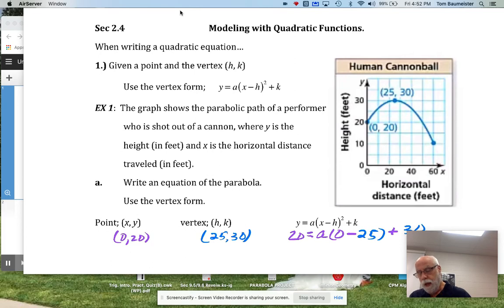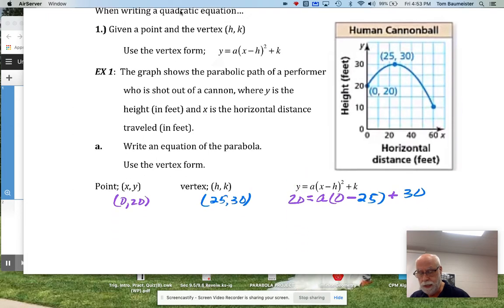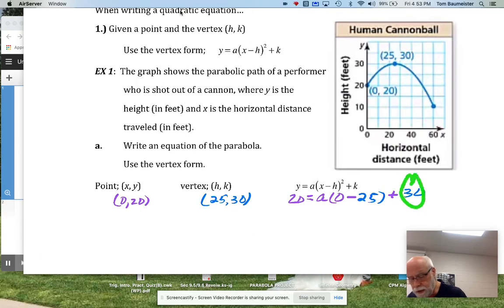I'm going to move this 30 over to the other side. So 20 minus 30 is going to give us a negative number. We can write this as a times (0 minus 25) squared, notice I forgot the squared there, is equal to negative 10.